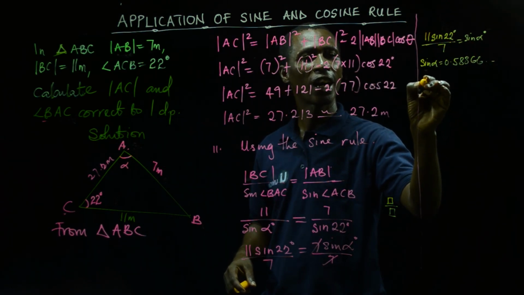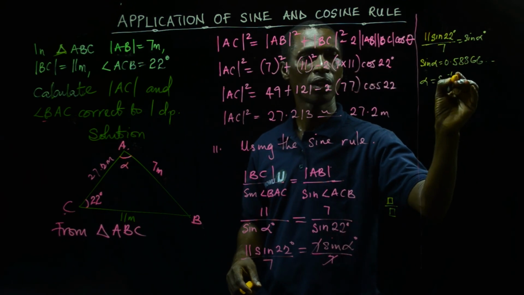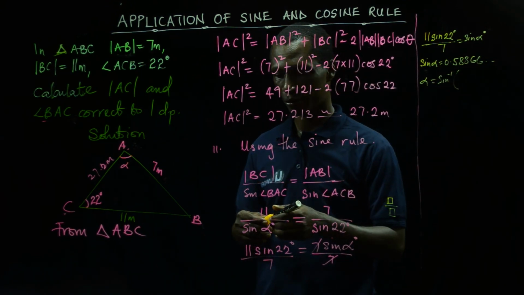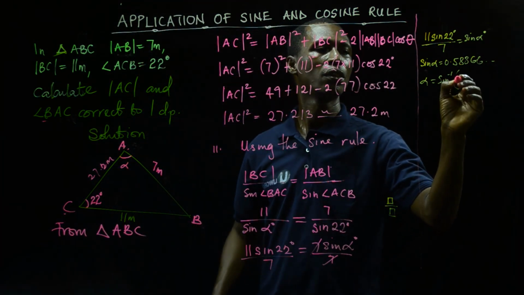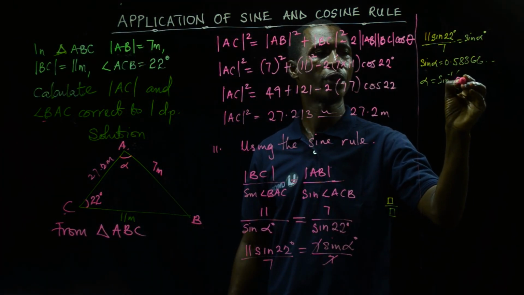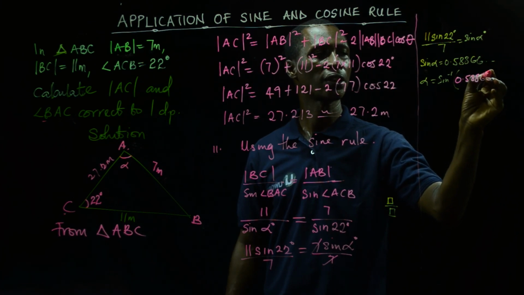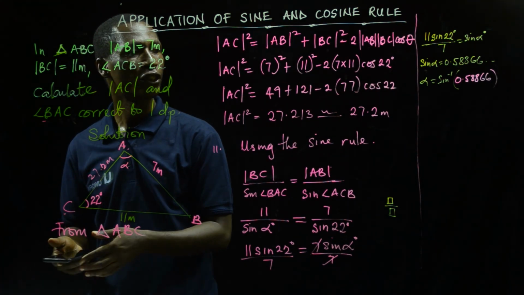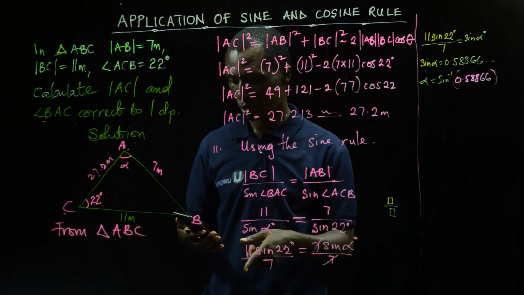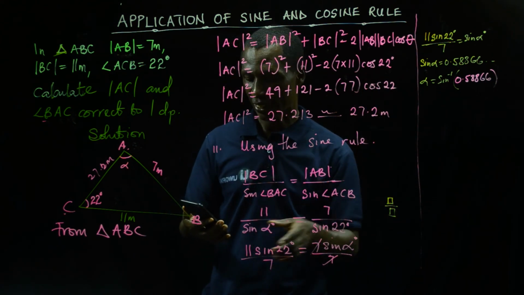So you're going to get alpha here to be equal to sine inverse of the figure you have. Sine inverse 0.58866. So you take your calculator, then you point on shift sine, then you point answer.